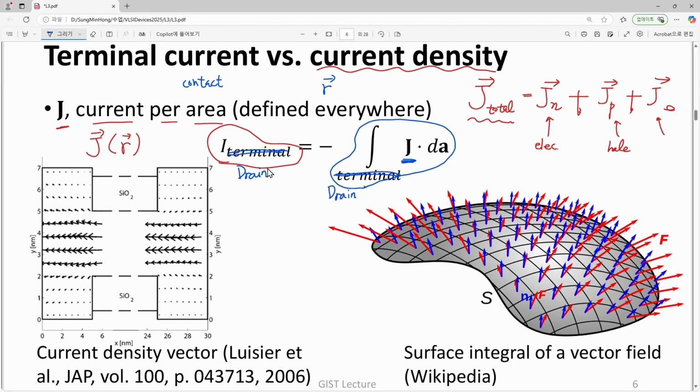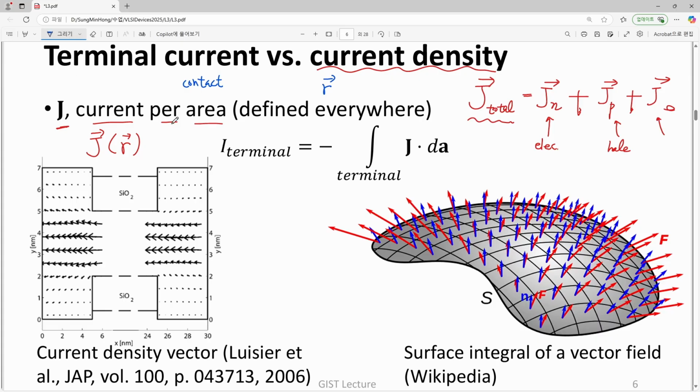So that's it. And here we have a negative sign because this is the convention. We wanted to have incoming current as a positive one. I hope that you have already studied this in your previous courses, and if you don't understand the relation between terminal current and current density, then please review your previous courses.